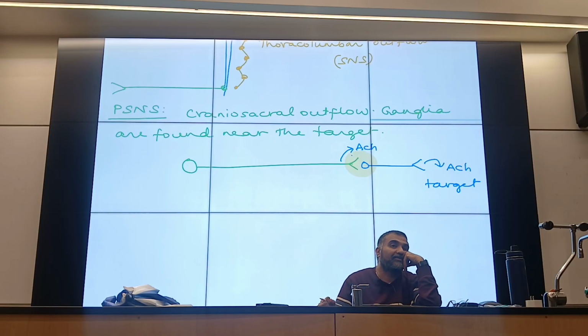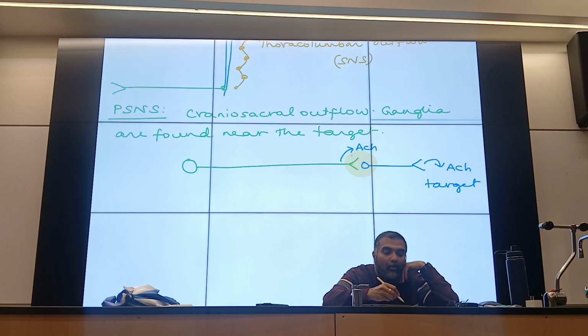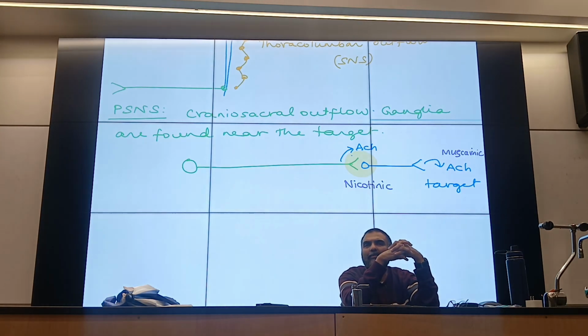Now do you see why acetylcholine is so important and in a class of its own? It's all acetylcholine here. But what's different? What is different is this: it is nicotinic here, and it is muscarinic here. So tell me, why would it be an advantage for acetylcholine to be muscarinic in its target?